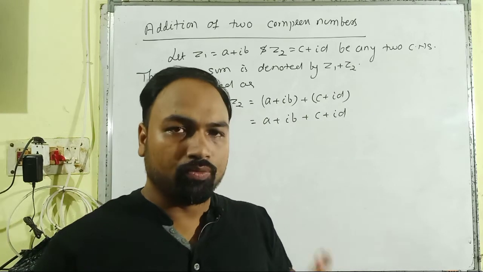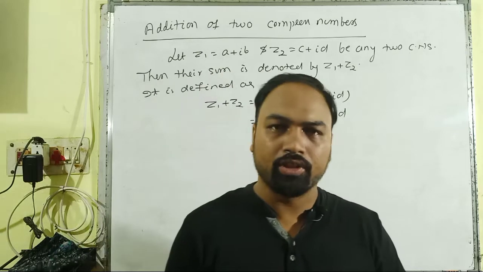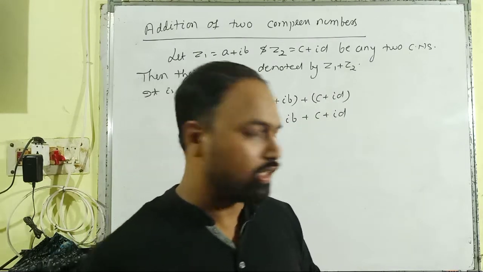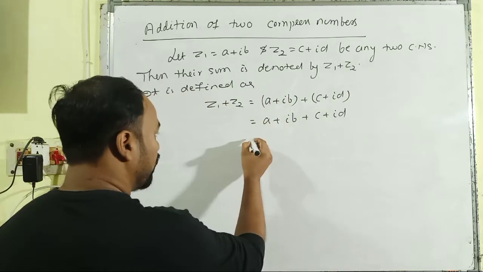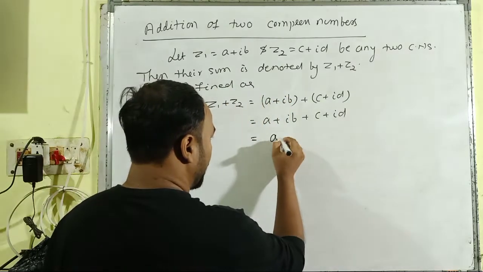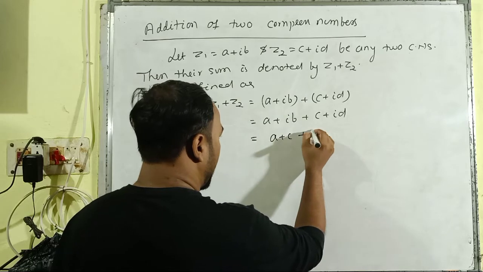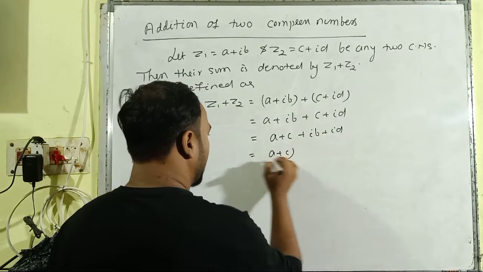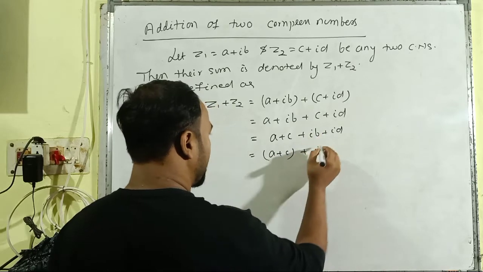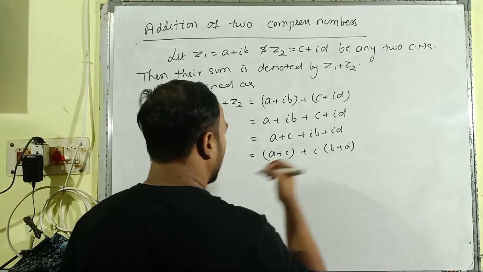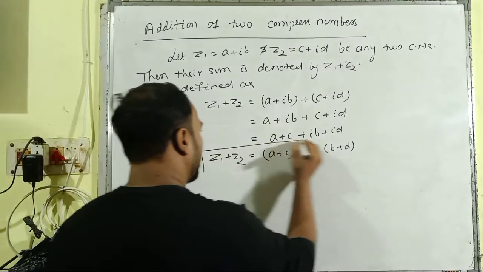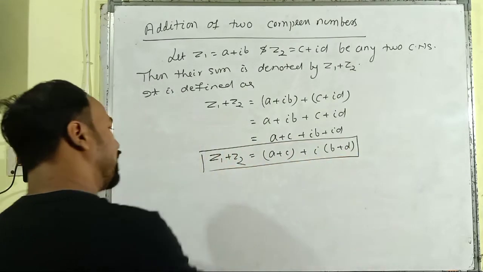That means both of the real parts are added with each other and both of the imaginary parts are added with each other. That means we have to combine A with C and then iB with iD. Then it is A plus C plus, taking i as common, B plus D. So here it is the addition of two complex numbers.